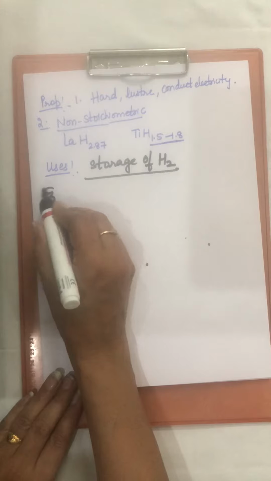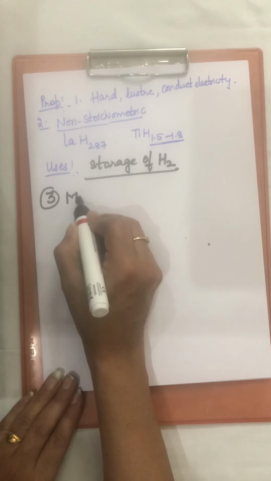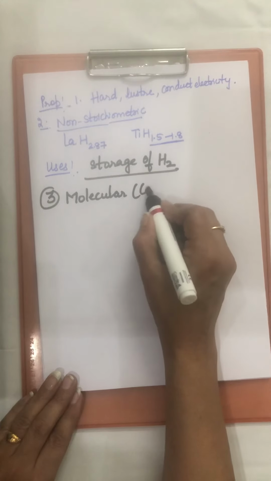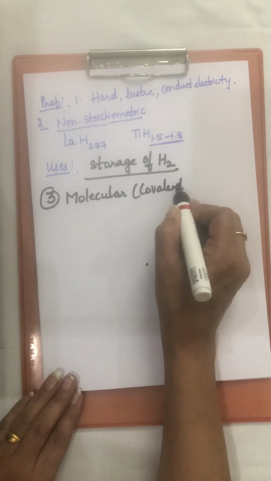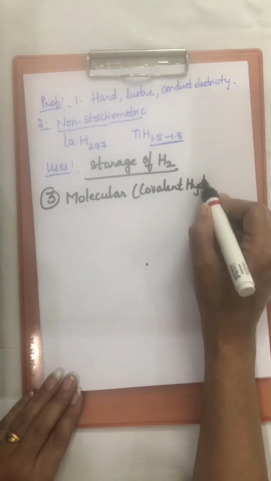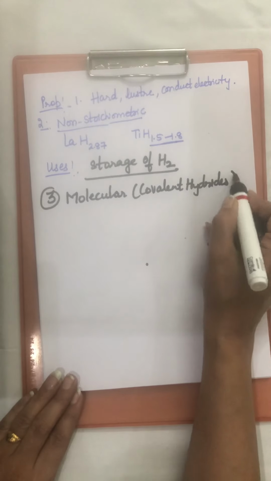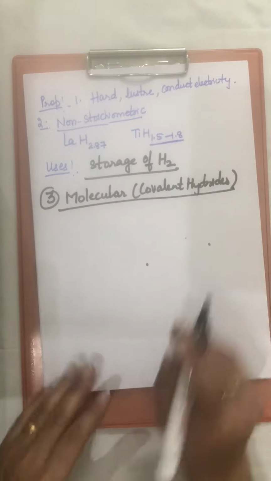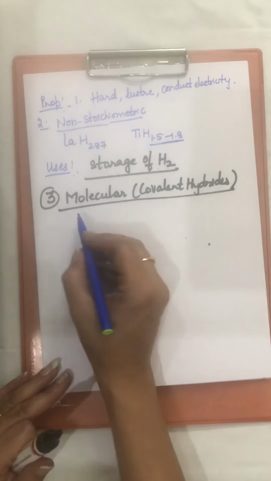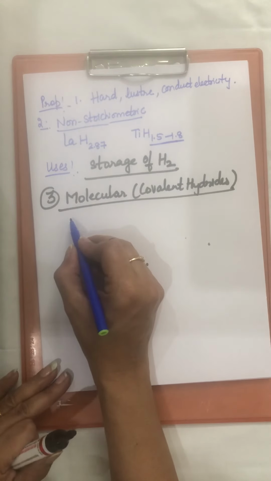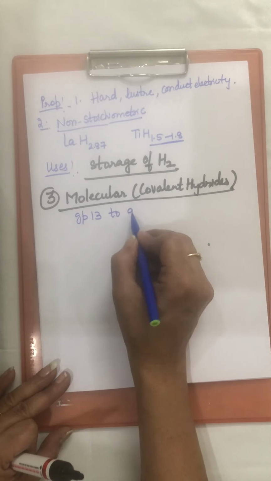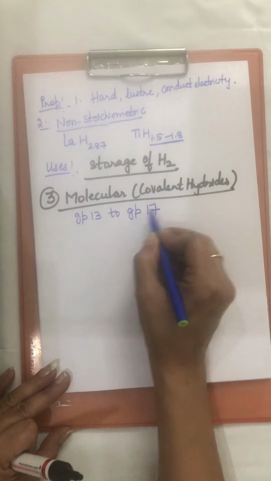Third type of hydrides are molecular or covalent hydrides. These are formed by the combination of hydrogen with most of the group 13 to group 17 elements.